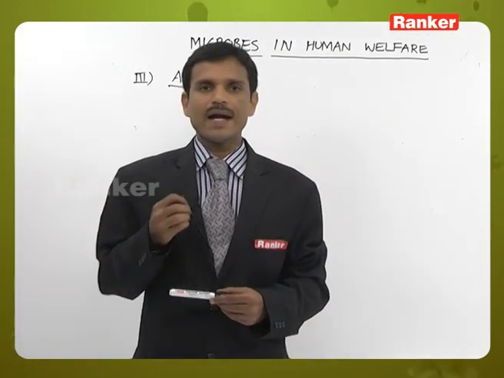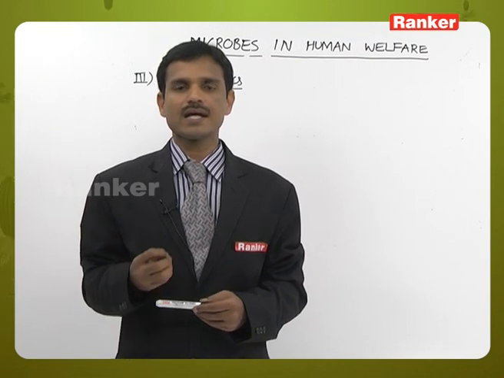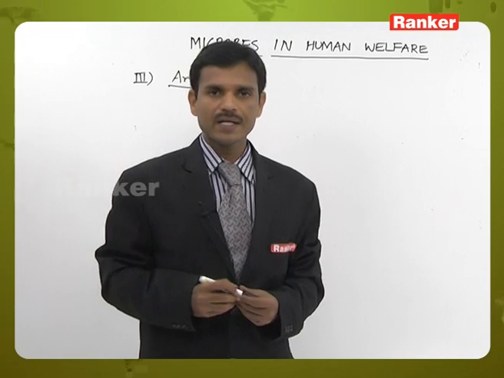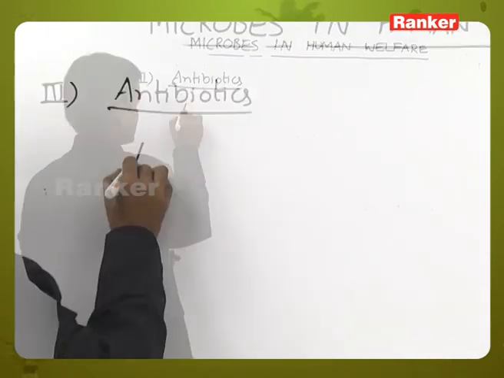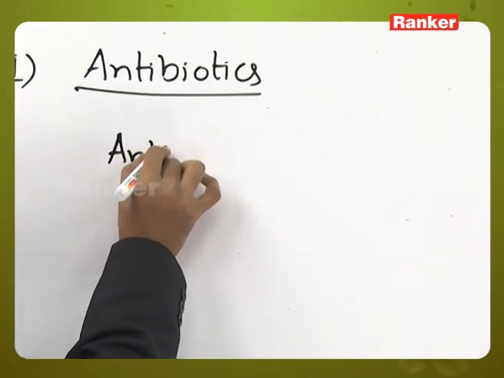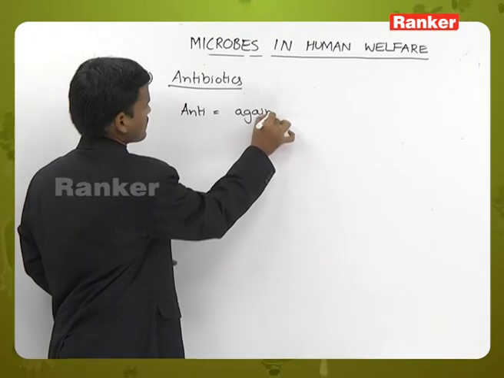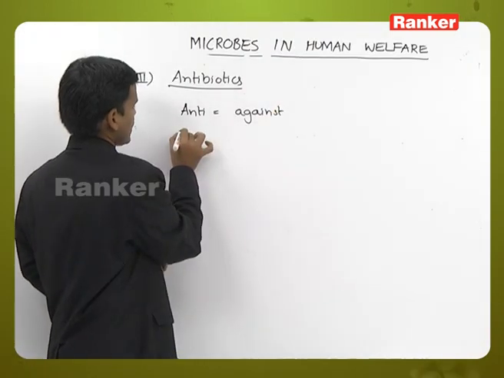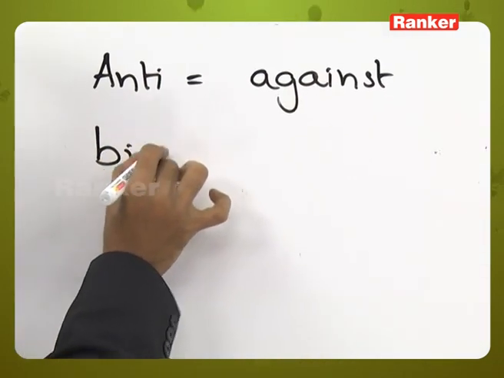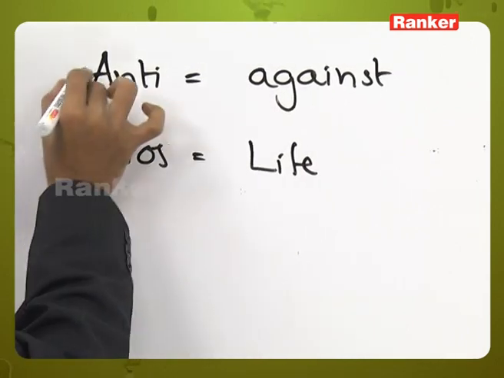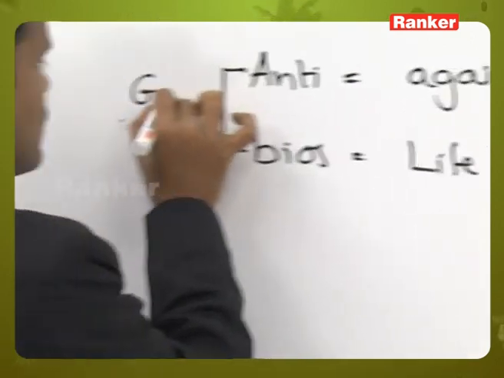Antibiotics. What is an antibiotic? It is derived from Greek words. The Greek word anti means against, and bios means life.